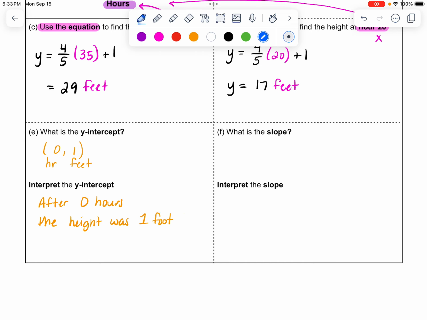And again, the slope, which we already found, was 4 over 5. The rise, which is the feet on the graph, and the run, which is the hours on the graph. So to interpret that, we would say 4 more feet every 5 hours.